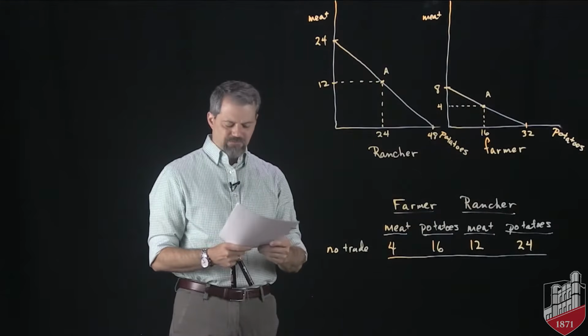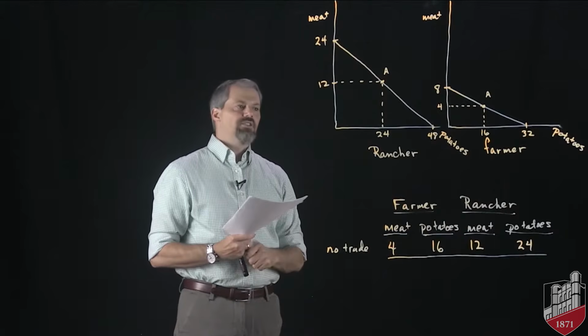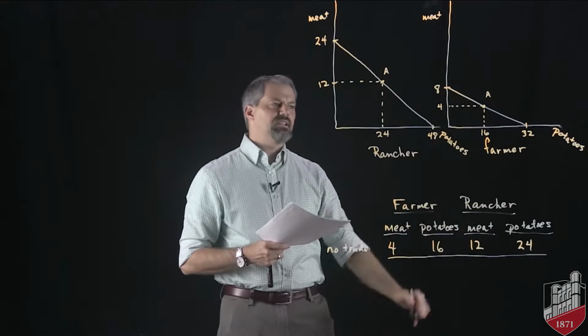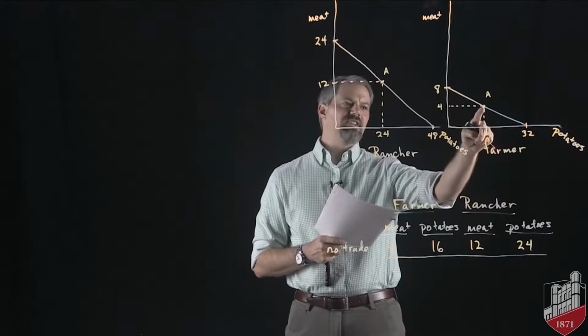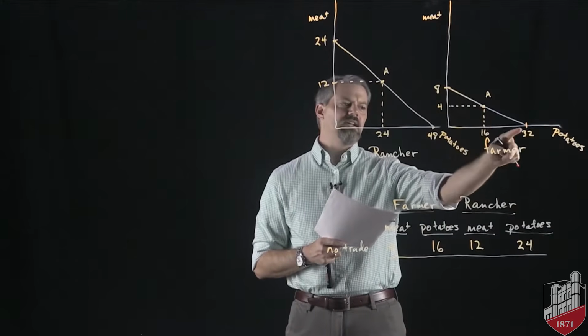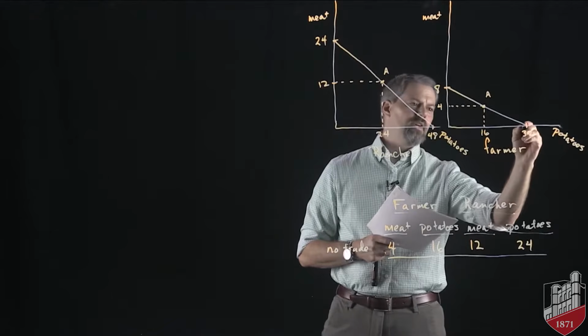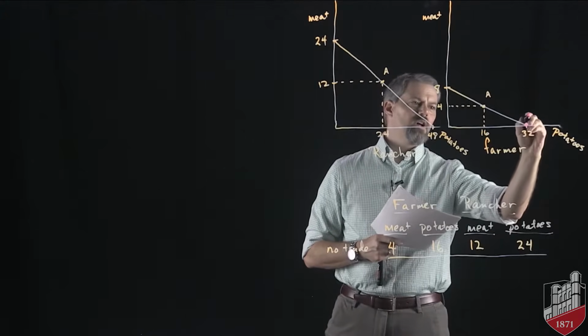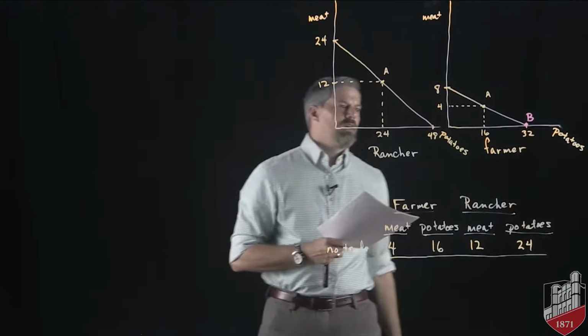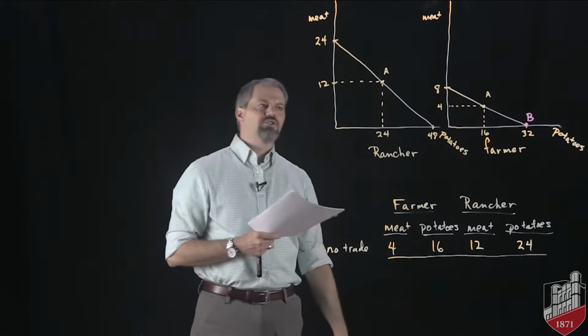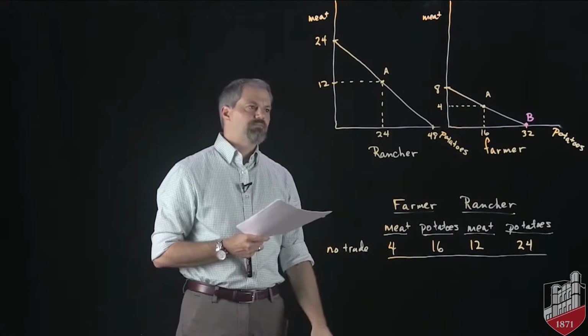Let's suppose that the farmer is going to specialize completely in producing potatoes. So instead of producing at point A, the farmer is going to move down here to this point. We'll call it point B. And that's going to be the farmer's new production point.